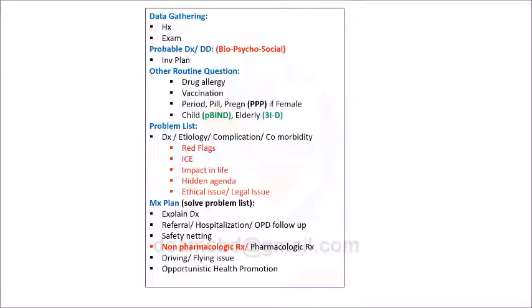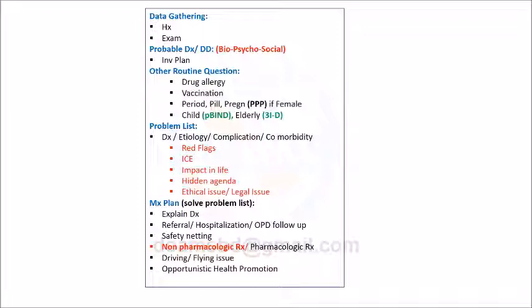Anyway, regarding the management, you see the problem list, how we are creating it. Number one, definitive diagnosis. The diagnosis includes the etiology, complication, comorbidity. Then red flags, and the idea, concern, expectation.